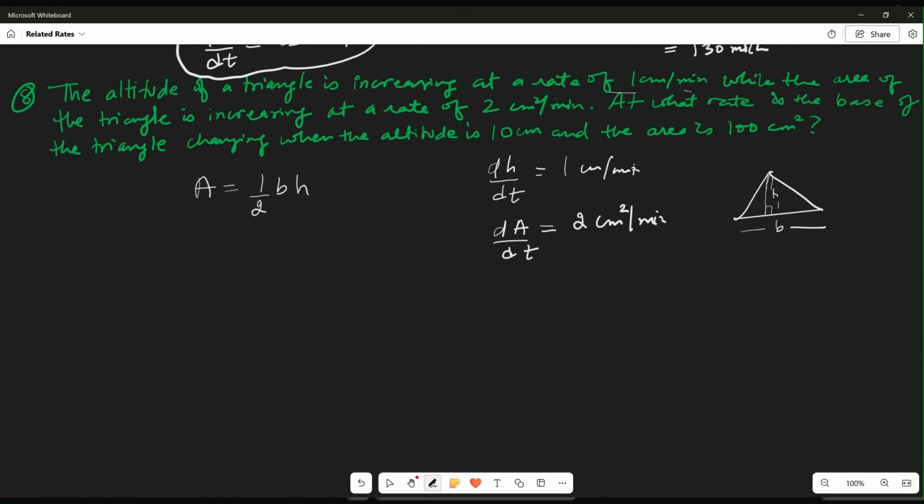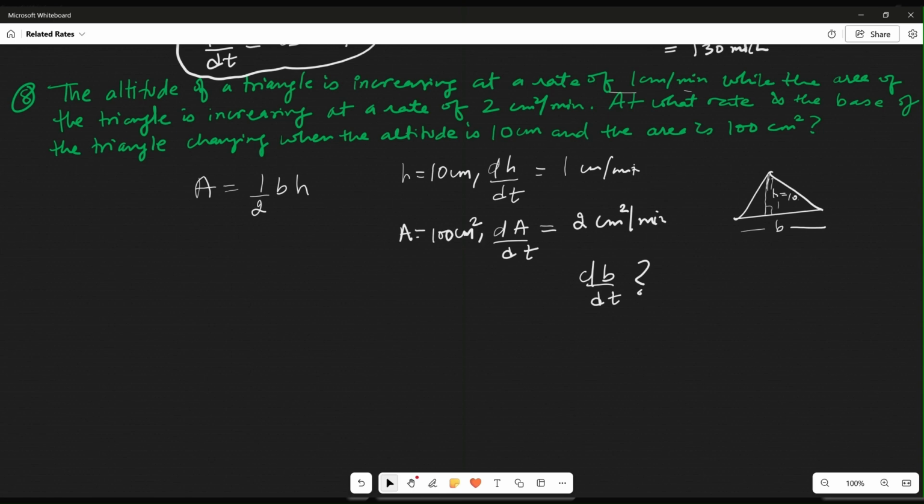At what rate is the base of the triangle changing? We have to find db over dt, when the altitude is 10 centimeters, so h is equal to 10, and the area given is 100 square centimeters. Now this is easy to solve, right?